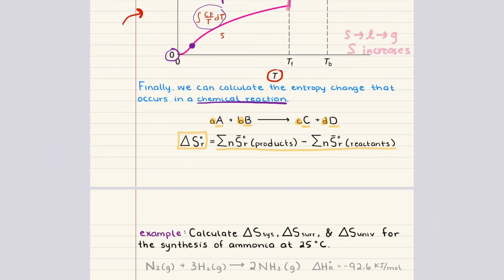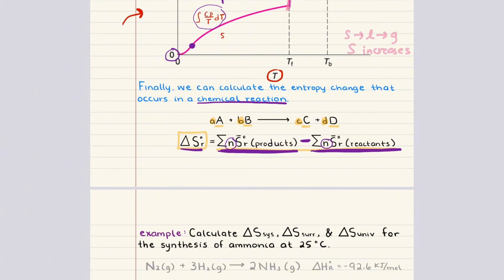Delta S standard equals the total standard molar entropy of the products weighted by coefficients minus the total standard molar entropy of the reactants weighted by coefficients.